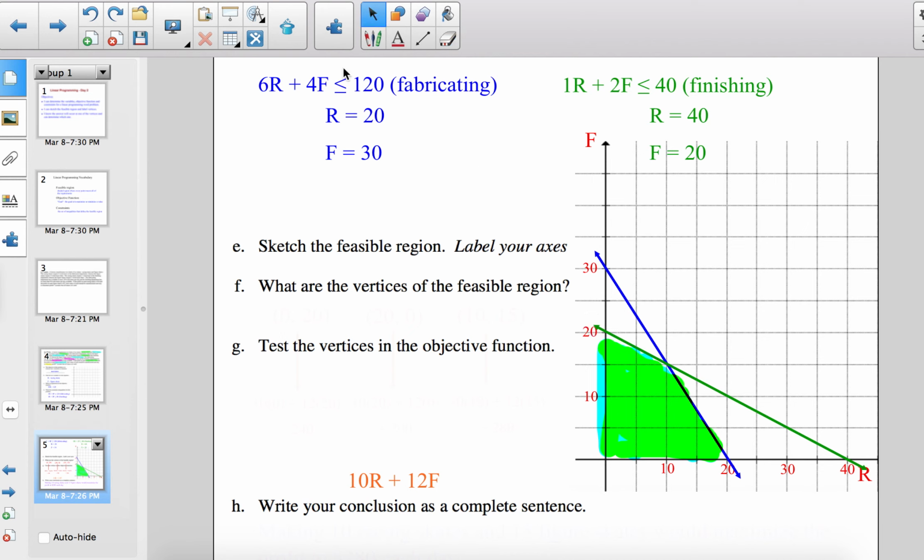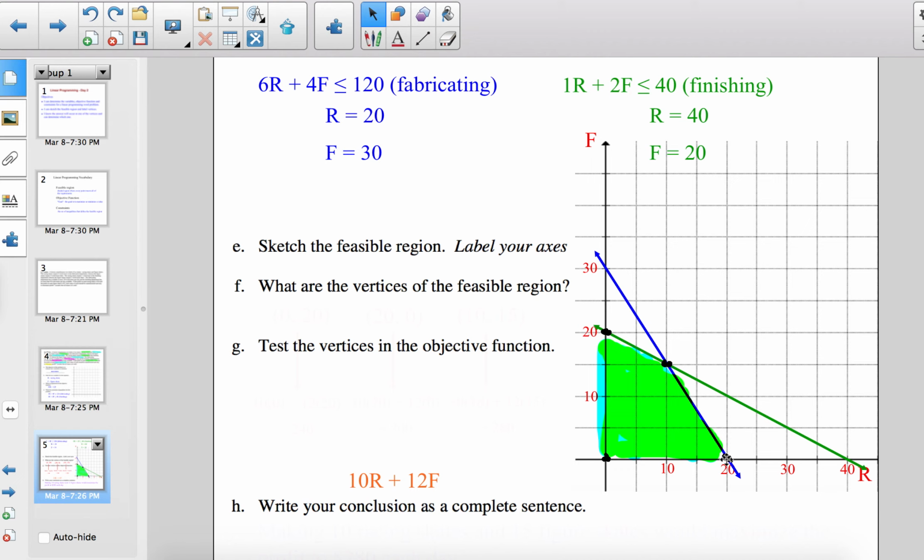So the vertices of the feasible region are right here, right here, right here, and right here. You'll notice this is a really nice graph, so I don't have to do the plugging in like we did in class yesterday.